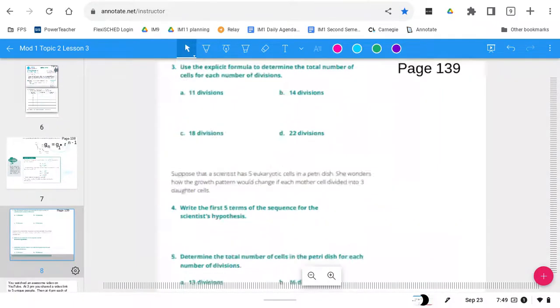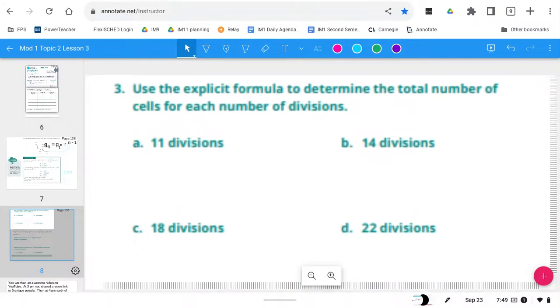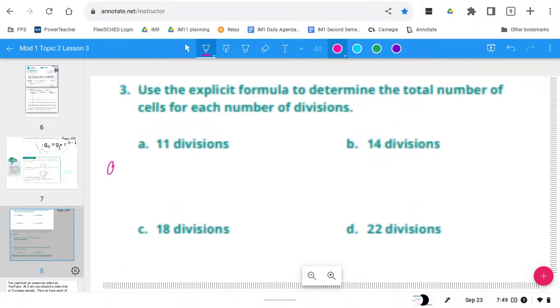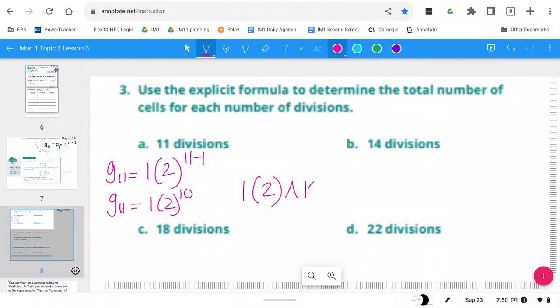So now trying to find the 11th. So we're going to say G sub 11 is equal to the first term was 1. We multiplied by 2. And then there's my N minus 1. So the only thing we have to do by hand is 11 minus 1 to get 10. So you'll type in your calculator 1, parenthesis, 2, parenthesis, caret, and 10. And we should get 2,048.